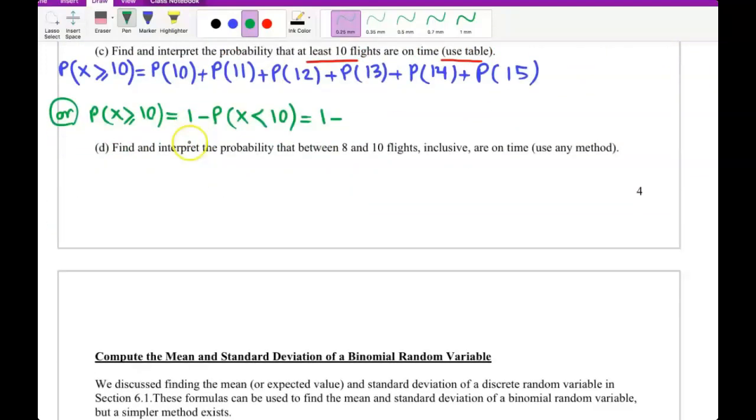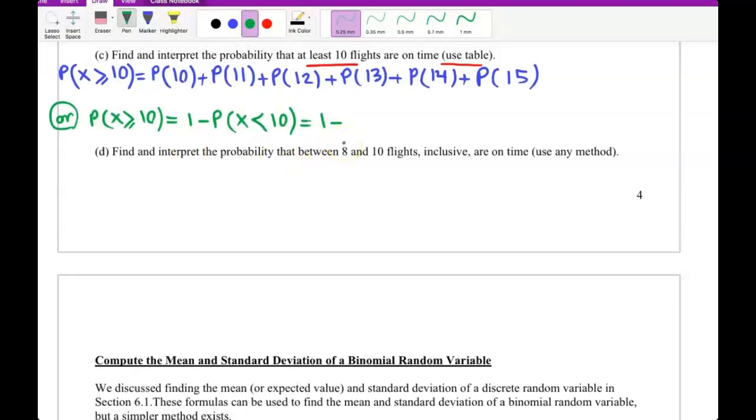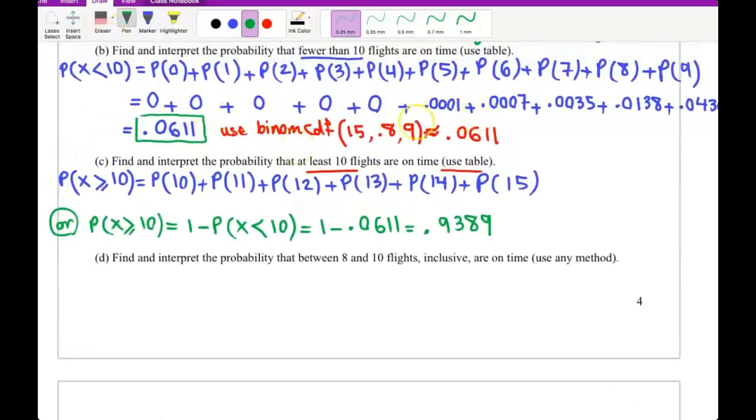We can use that one to find the answer for part C. So it's 0.0611, and the answer is 0.9389. So either one works. For this one, again, exactly the same as the previous one, using table, we need to find probability of 10, 11, 12, 13, 14, 15.